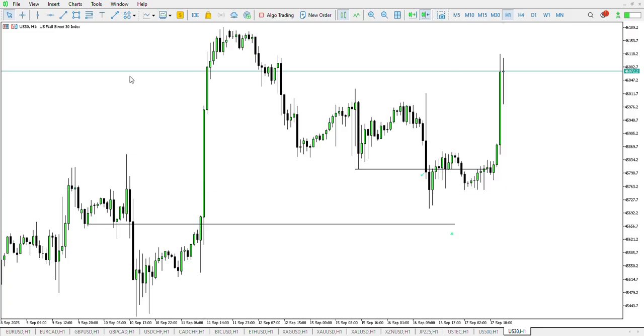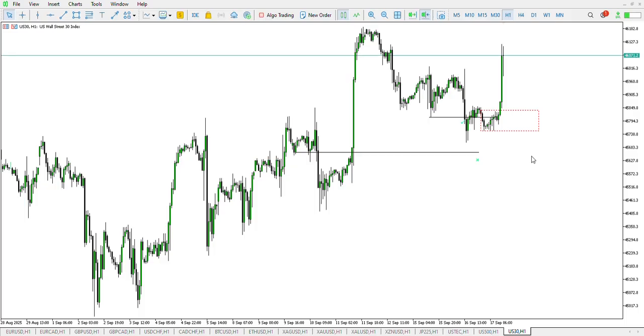This is a valid entry here, order block. So if the price comes back in here, I would like to buy. And yeah, I think I've gone through all the pairs I'm watching.